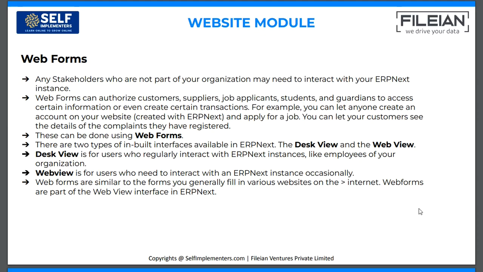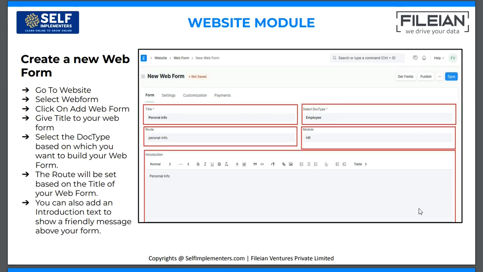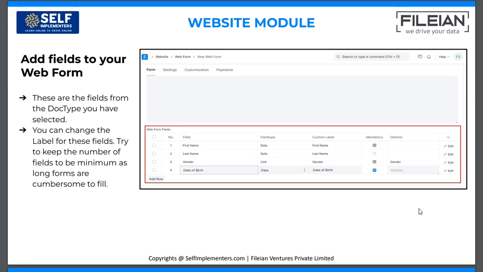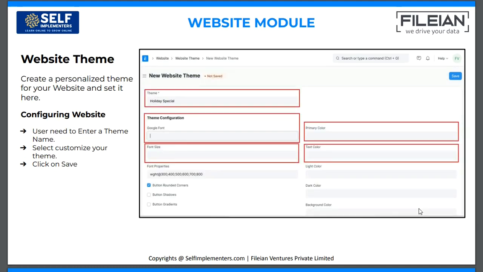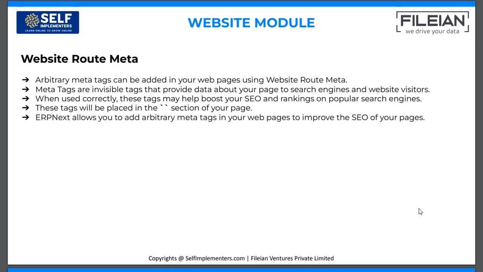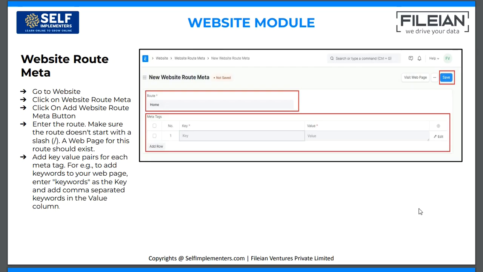What is a web form? How can we create a web form? How can we add fields to our web forms? And we will see some of the settings for our website. Also, we will add themes to our website. We will go through the website route meta and also check other settings.